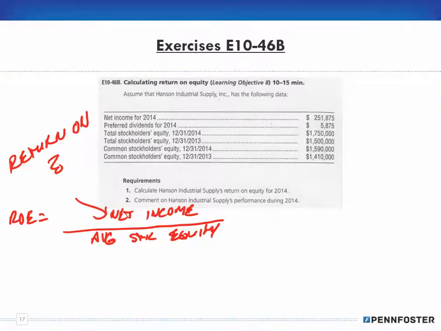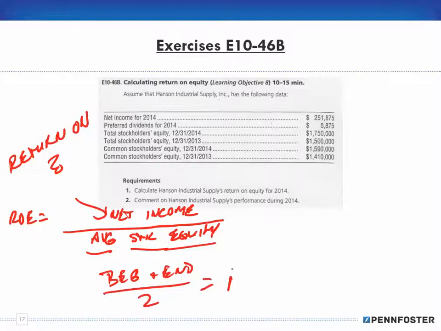And when we look at equity, you can't just look at stockholders' equity. It has to be the average, which we know is the beginning plus the ending divided by 2. That gives us an average.